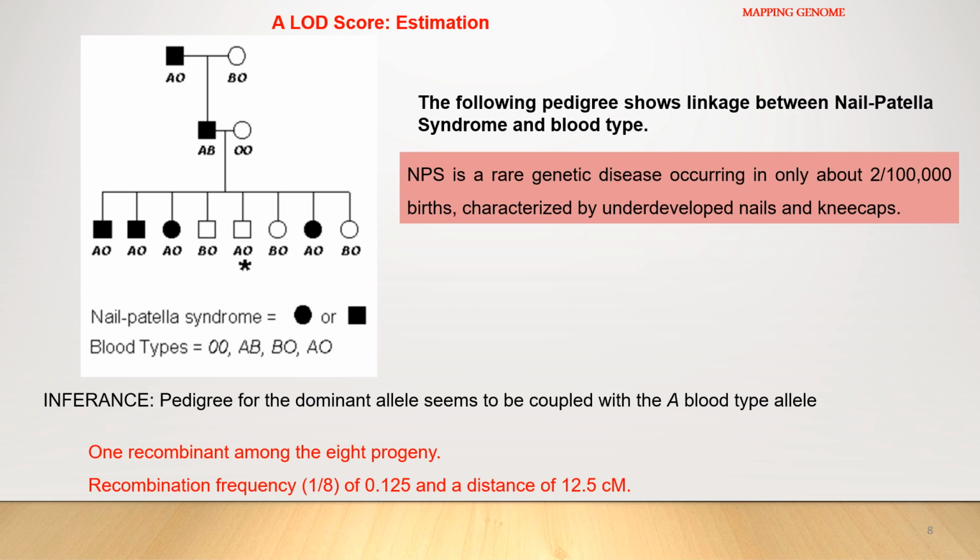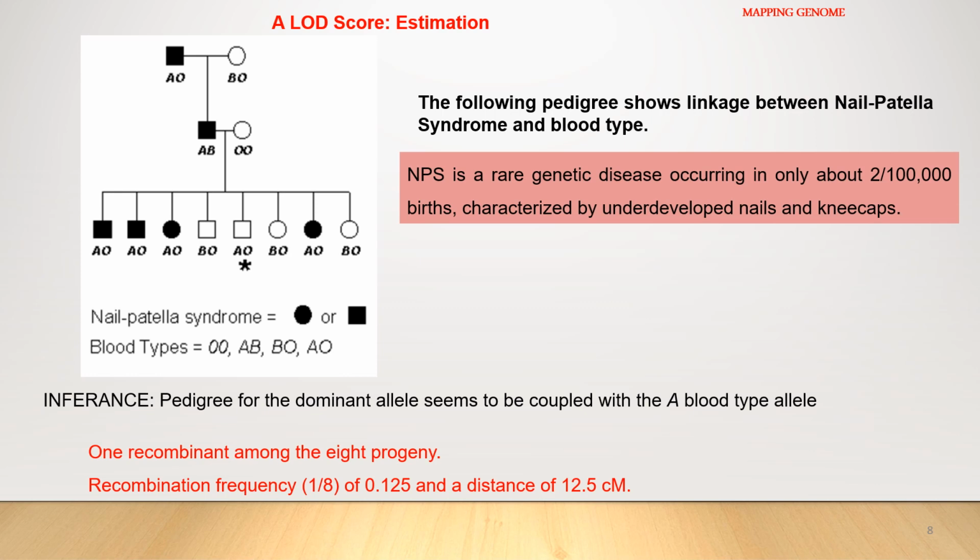So the recombinant frequency is 1 by 8, which is equal to 0.125. The map distance between the two genes, that is the Nail-Patella syndrome gene and blood type, is 0.125 into 100, that is 12.5 centimorgan.